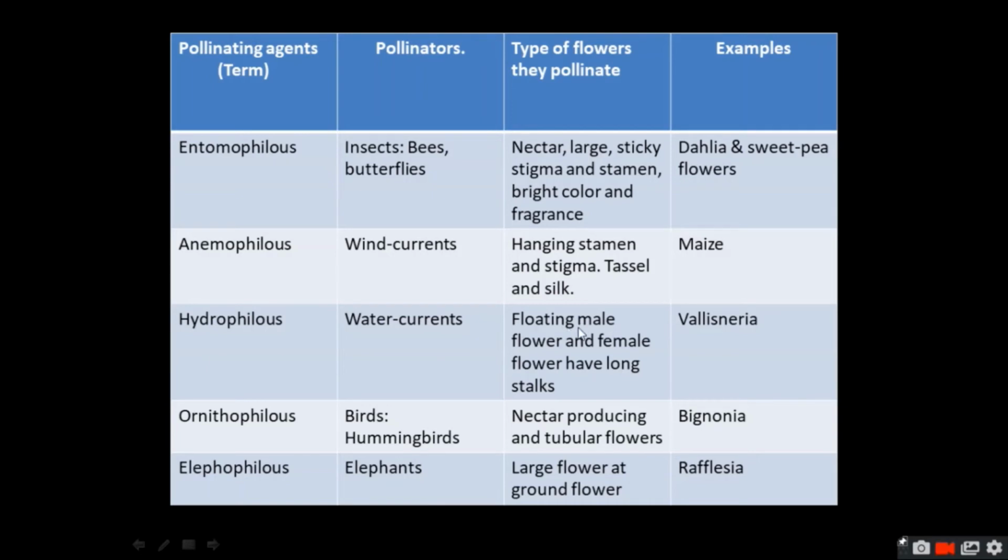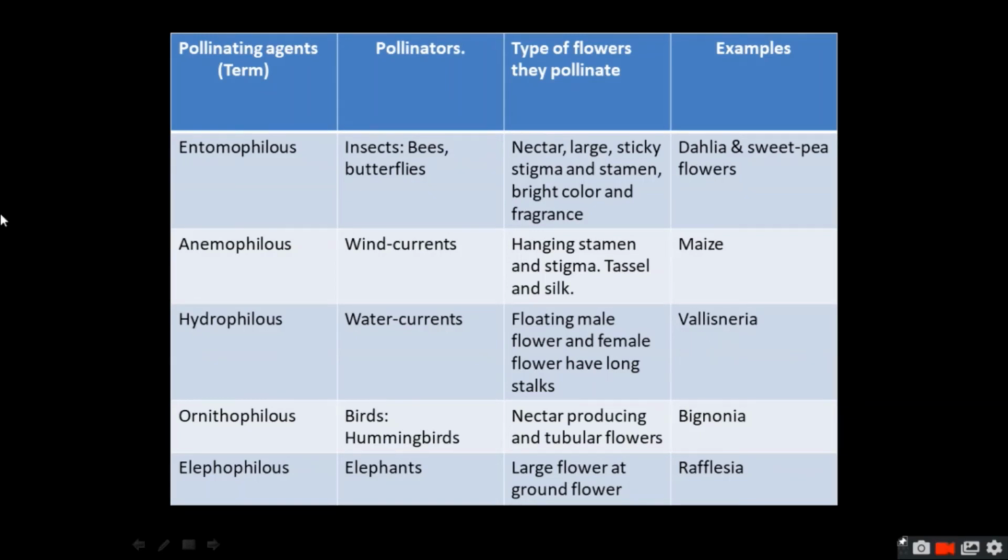They have floating male flowers, and the female flowers have long stalks, so that the male flowers which have anthers float at the surface of water, and due to the long stalks these female flowers are able to get connected with the floating male flowers with the anthers. This type of pollinating agent mainly helps in pollination of flowers such as Vallisneria.